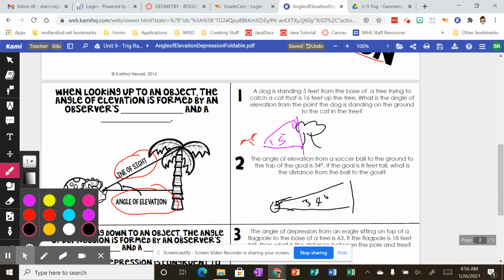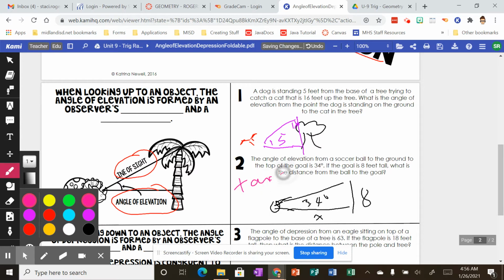34 degrees. If the goal is 8 feet tall, so here's 8 feet, what is the distance from the ball to the goal? So we want to know x. Can we figure that out? Sure. It looks like opposite over adjacent, which is tangent.